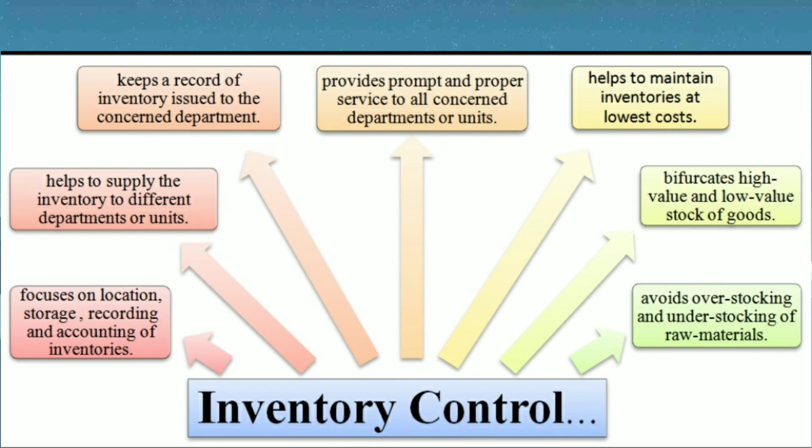And inventory control avoids overstocking and understocking of raw materials. That is the most important aspect, because overstocking leads to blockage of capital, and along with blockage of capital, it can also lead to pilferage and wastage, ultimately increasing the costs.